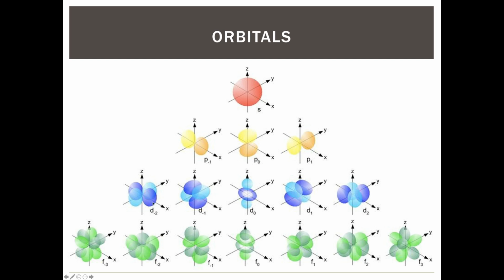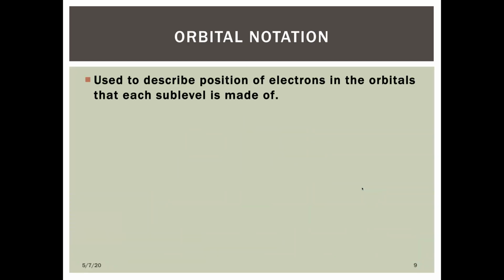D sublevels, well, those are kind of bizarre shaped. This is kind of cool right there. And then the F sublevels, well, they get just completely freaky. And remember, what these represent is regions of space where you're most likely to find an electron. So, instead of drawing out these obnoxiously complex shapes, we're going to let each orbital be represented by a box.